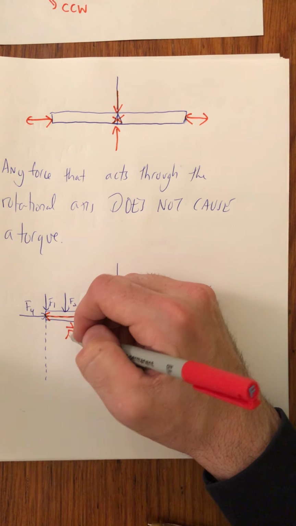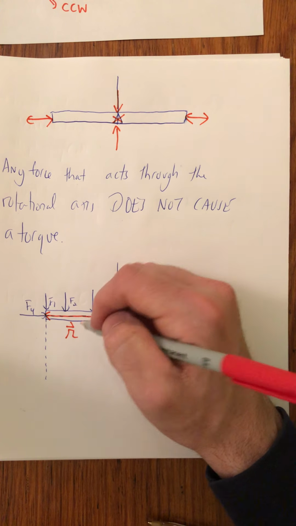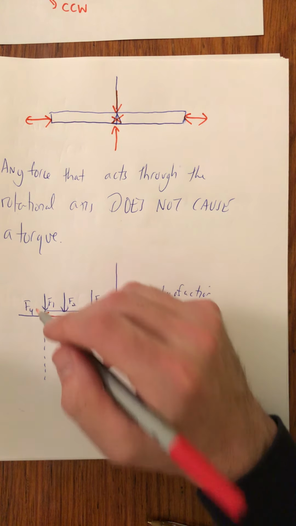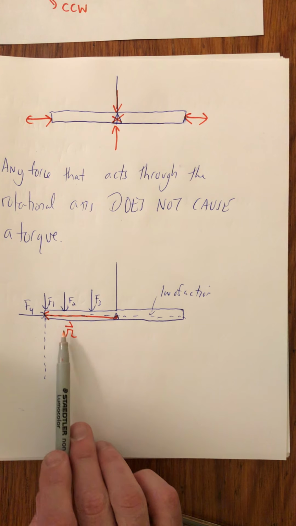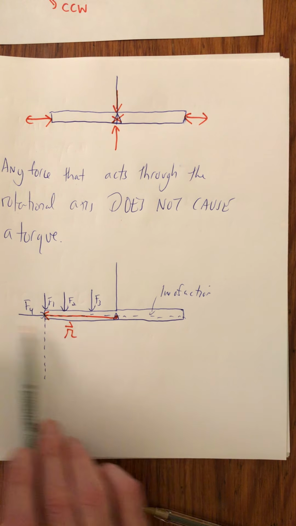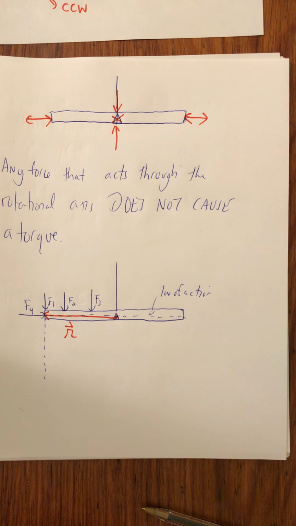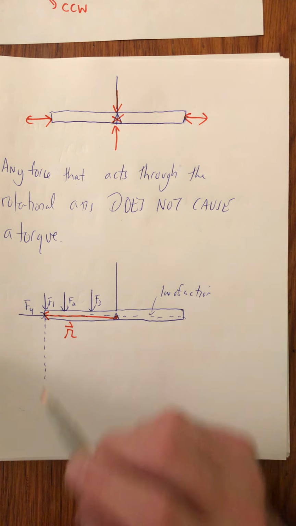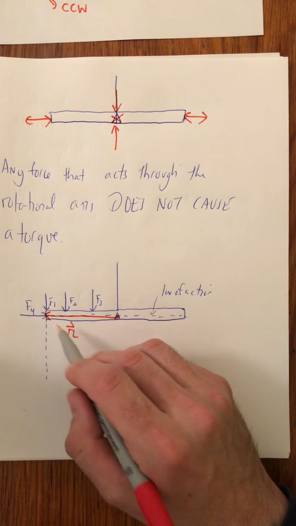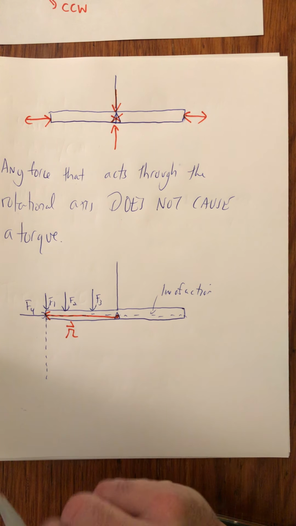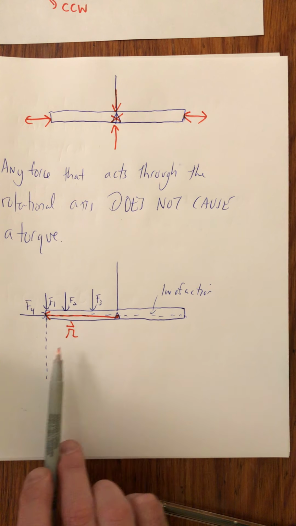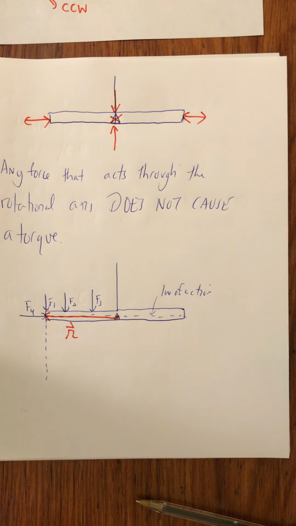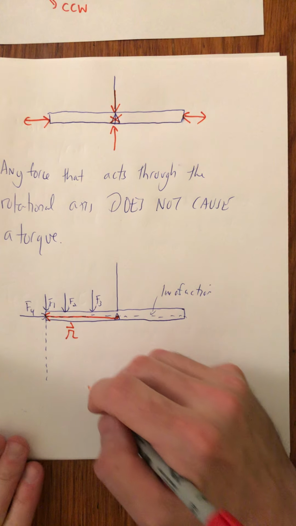Force 1 is in a different relationship to this r vector than force 4 is. Notice force 1 is perpendicular, force 4 is parallel, or anti-parallel, really. So I need to have a way of multiplying these two things together to get another vector such that I get zero when they go along the same line, and I get the most when they go perpendicular.